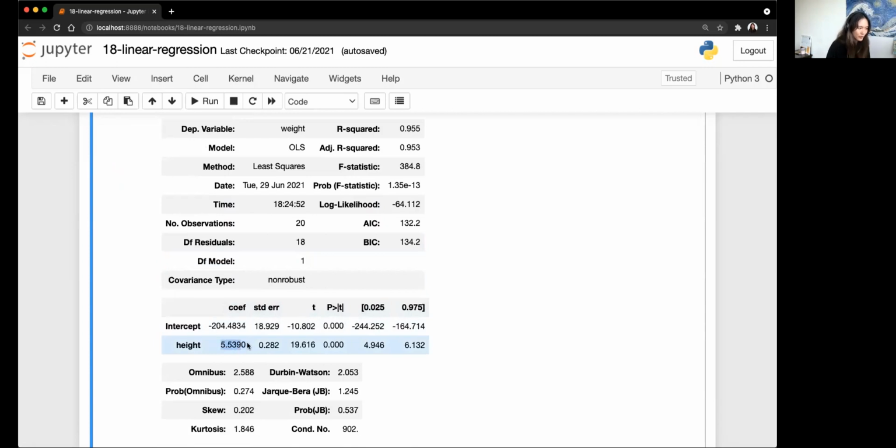If you have a coefficient of 0.001, and you increase your height by 1 inch, your hair length increases by 0.001. And that is still a relationship.